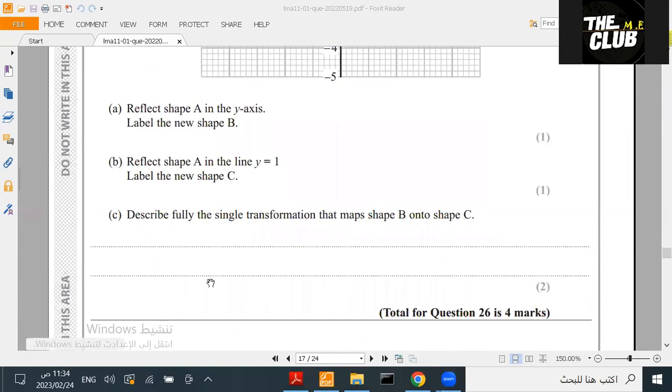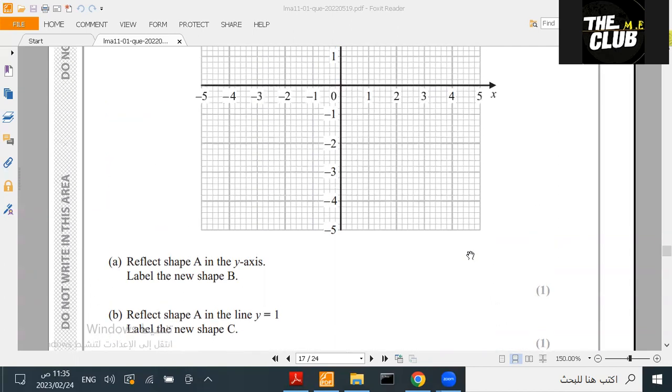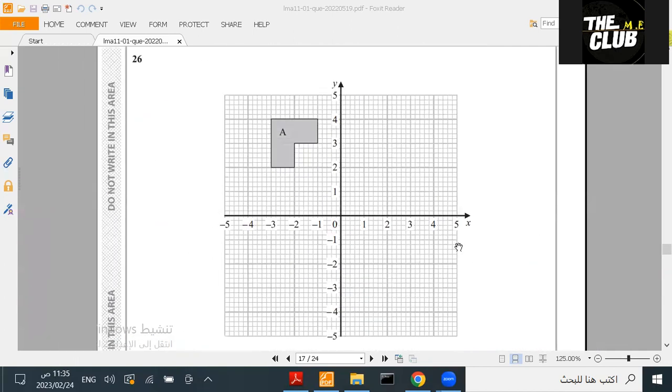Question C. Describe fully the single transformation that maps shape B onto shape C. تونا shape B كيف قاعد shape C. That's the question. تعال نديروها. Let's look at it like this. تعال نردوا الشيبس الأول مش نشتغلوهن B و C. أول حاجة B كان reflection هنا اللي هو في الواي axis. وشيب C كان reflection في اللاين y equals 1 معناها هنا. تمام.